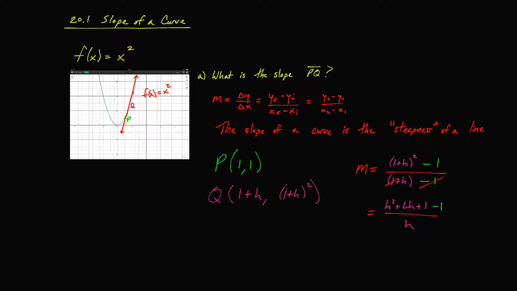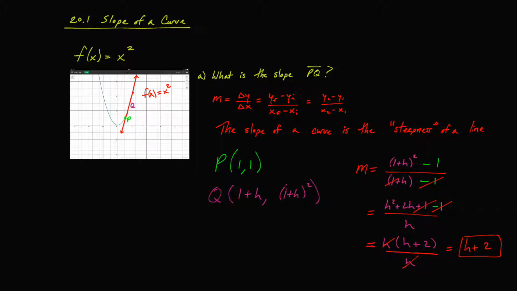You should notice that now these two are going to cancel out, and you are left with an h. If I factor this out, h plus 2 over h. And these values will cancel out, and you're left with h plus 2 as our final answer for this.